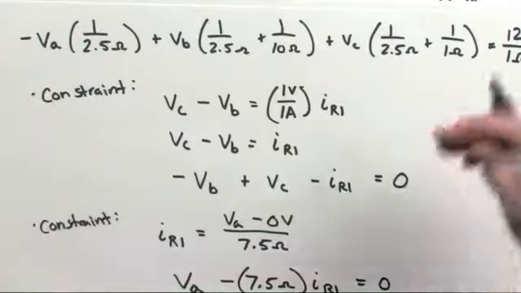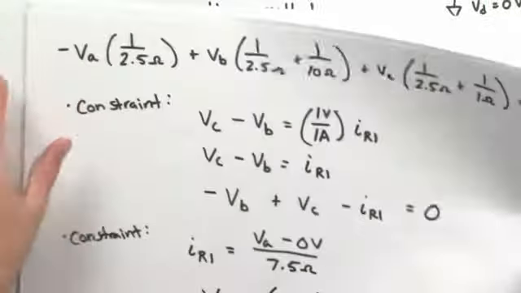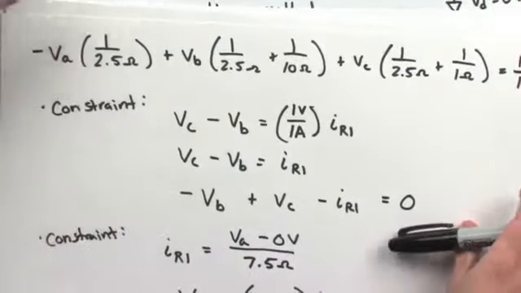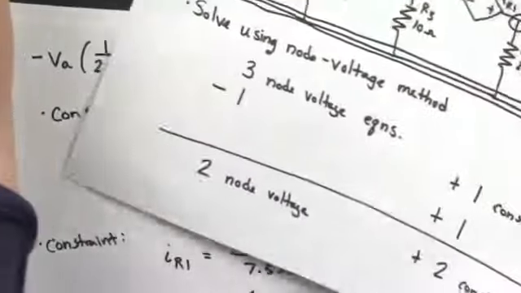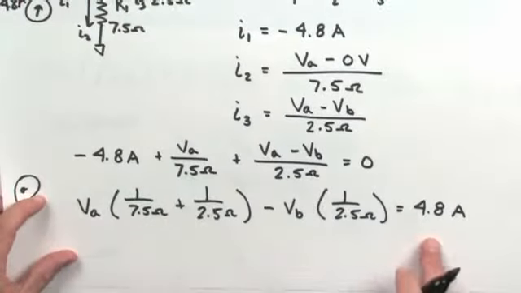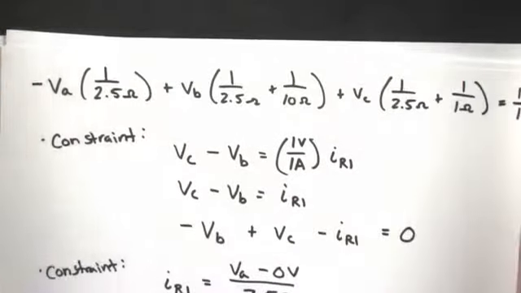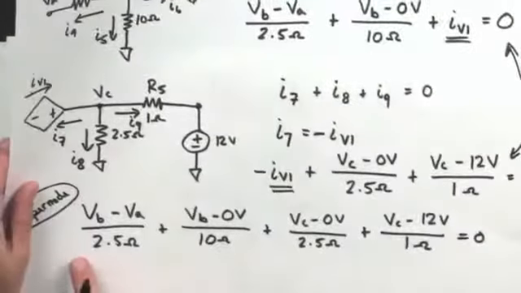We have two constraints and we have two node equations. So now we have everything that we need to solve the system. So let's review that. From node A, we have this equation. From the combination of nodes B and C, we have the supernode equation.